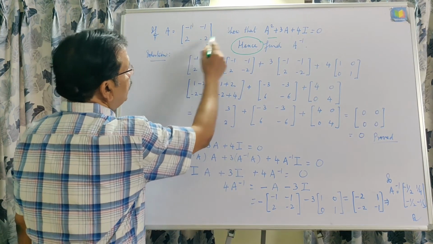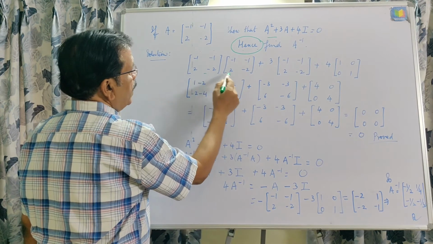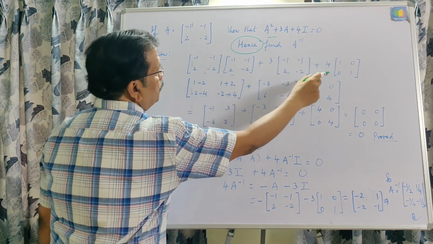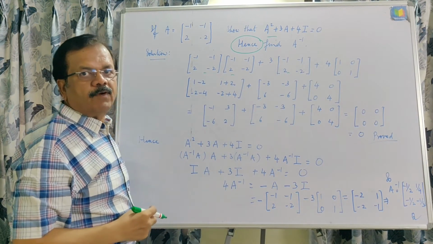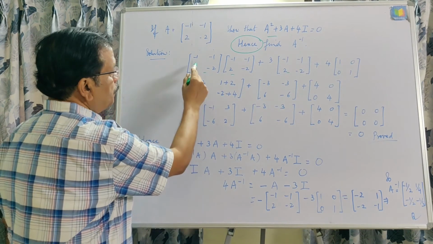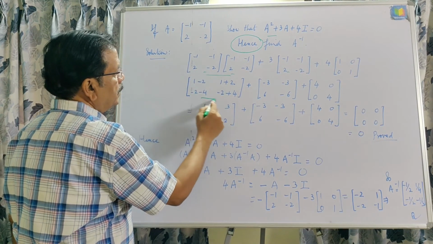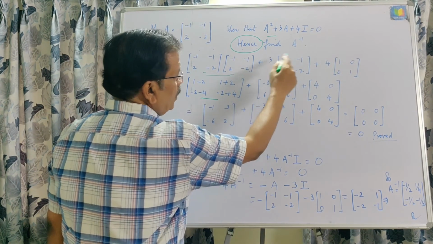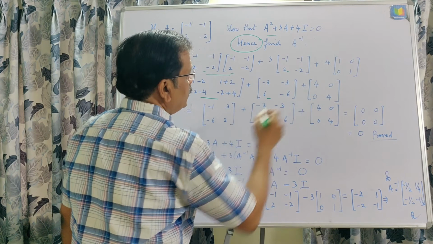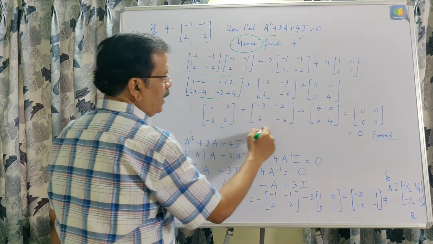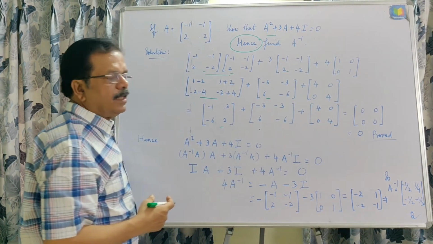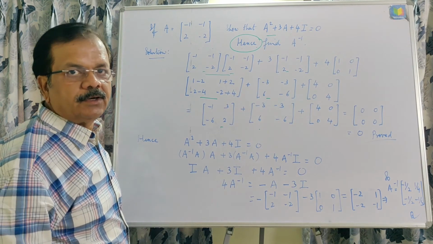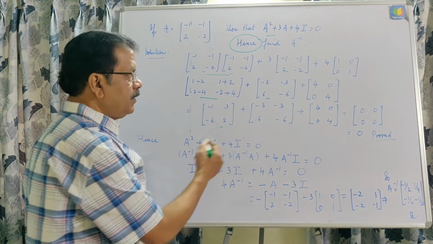Now putting this value in the given equation, A square plus 3A plus 4I, where I is [1, 0; 0, 1]. After putting, this is matrix multiplication, we are getting this value, and plus 3 multiplied with all the numbers, and then plus 4I. After adding these three, because these three are of the same order, 2 cross 2, that is why we can add.